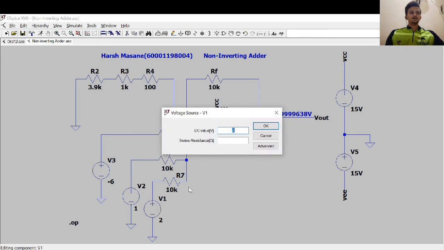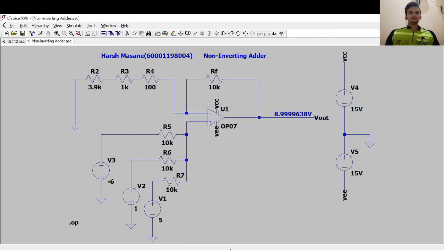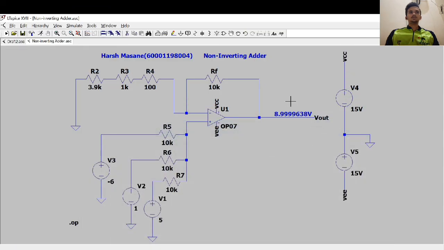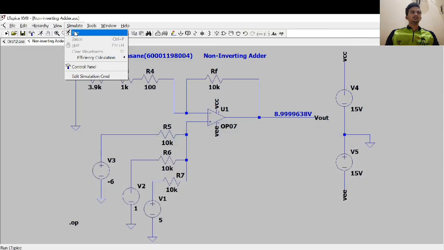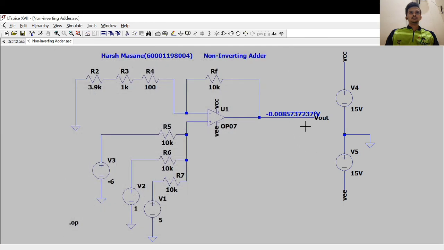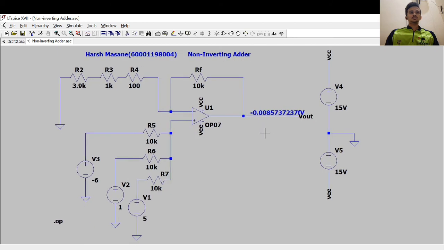This will be my 5, right? Okay, so our output will come 0 volts. So let's see. Okay, the Vout is coming minus 4, which is also 0 volt only.